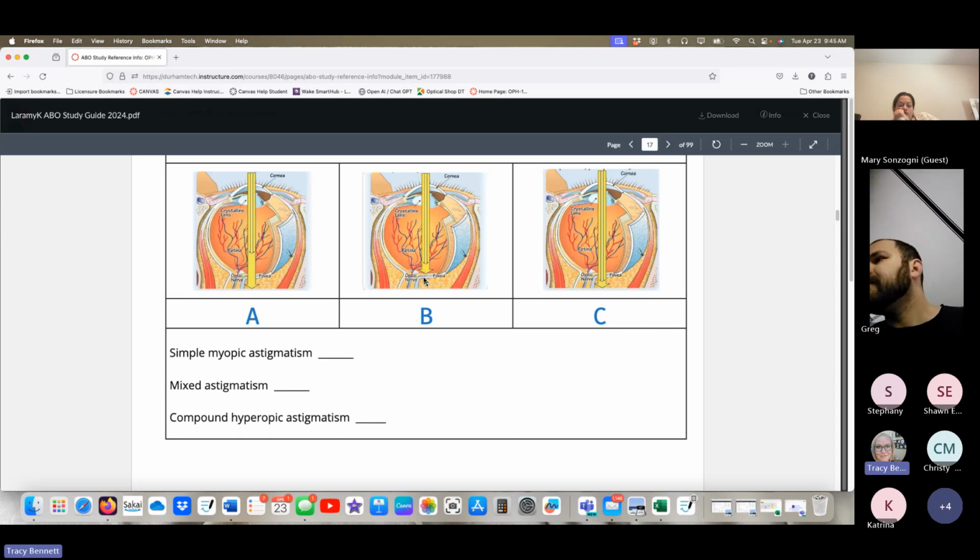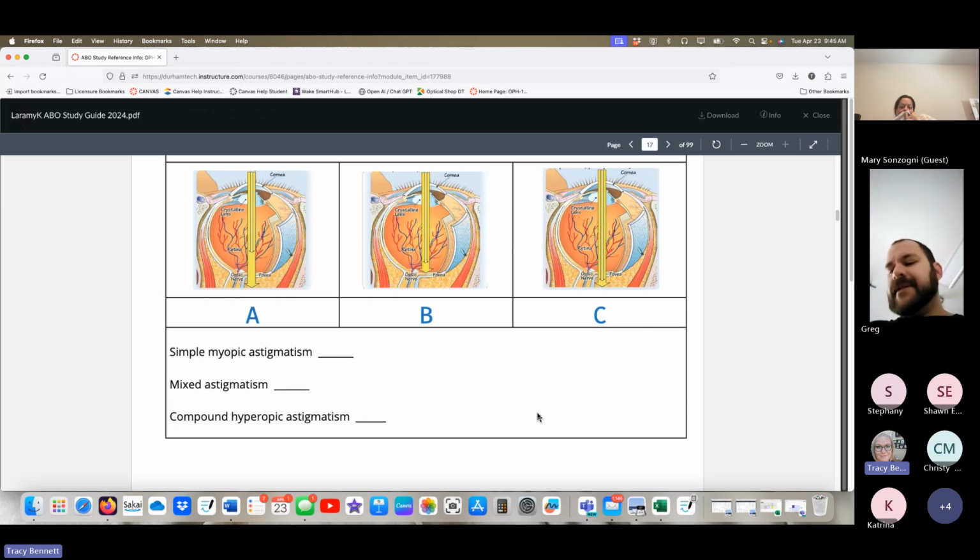And when one is in front and one is directly on the retina, that's simple myopic. And then two behind is the compound.